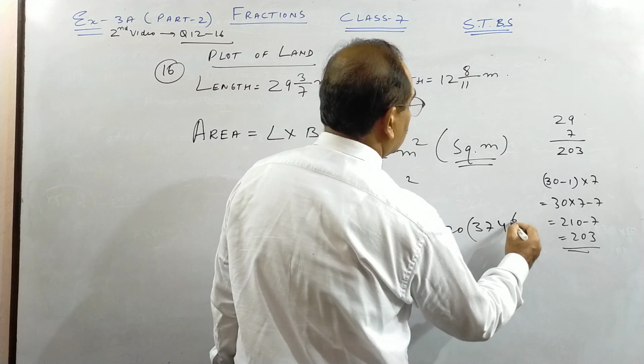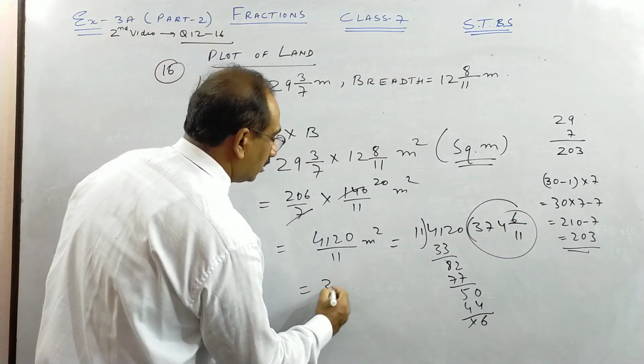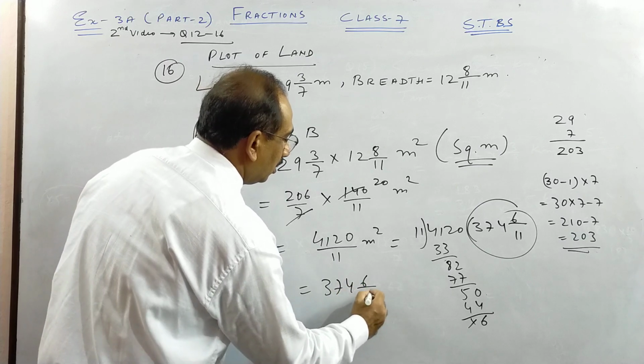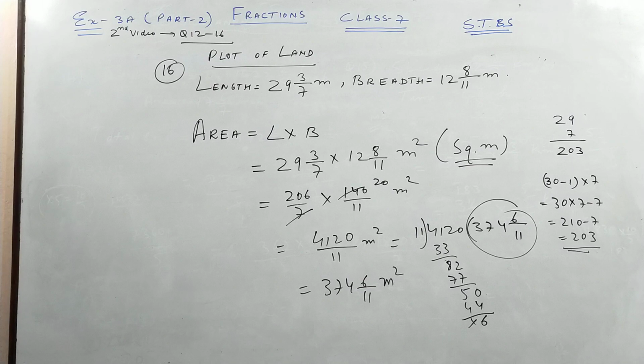So this is what I get here as 374, 6 by 11 meter square. Okay, or square meter.